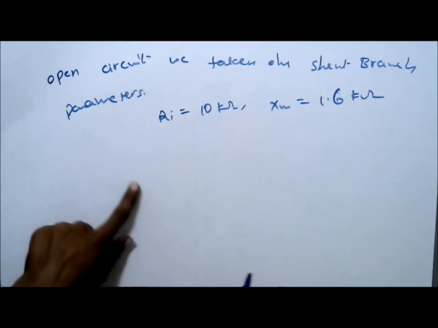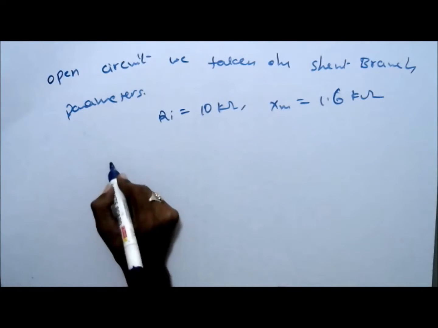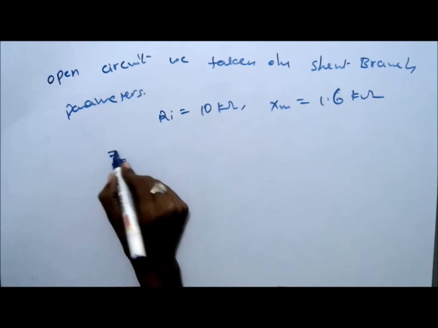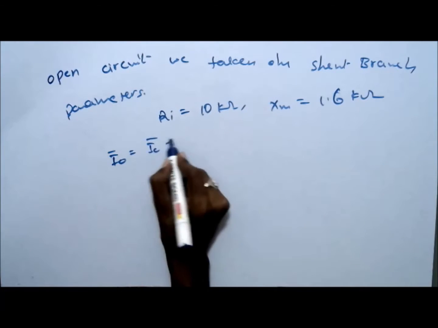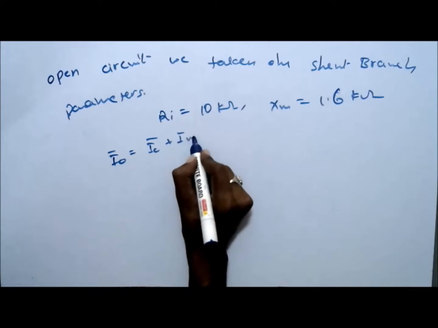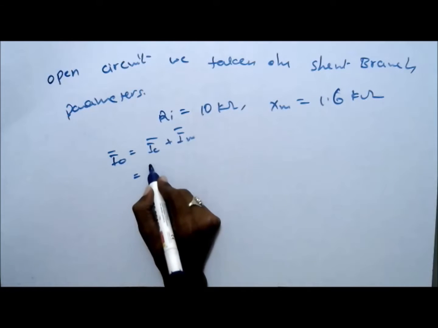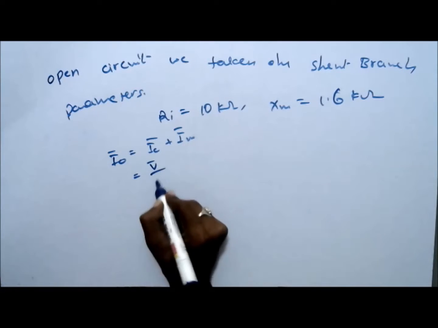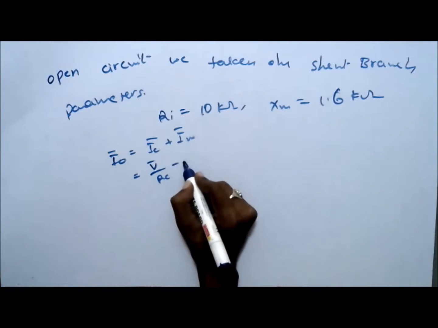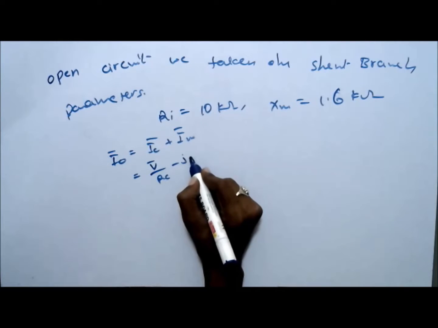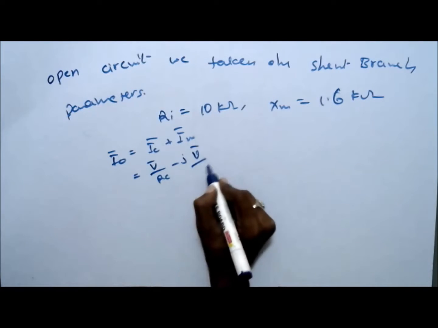So now I'll write I naught bar is equal to IC bar plus IM bar, that is equal to V divided by RC minus J V divided by XM.